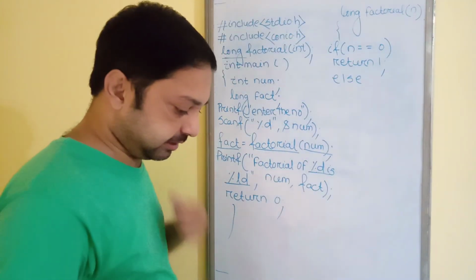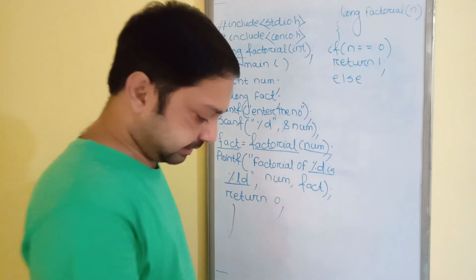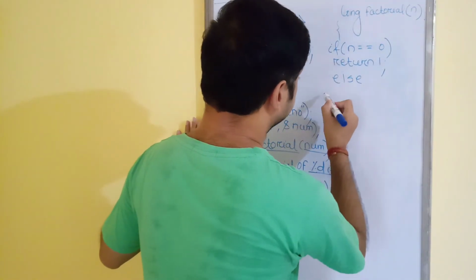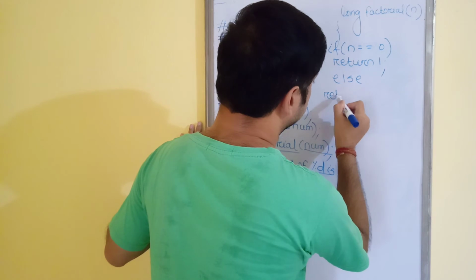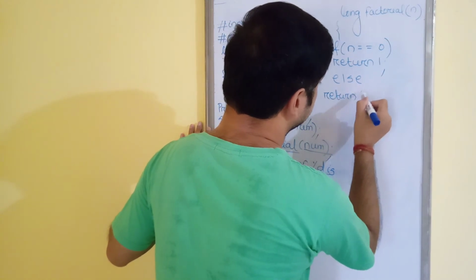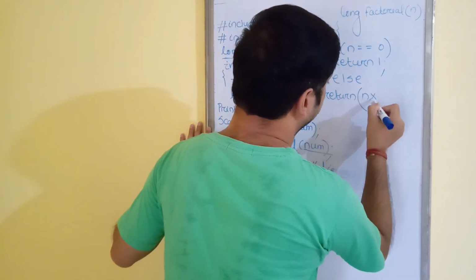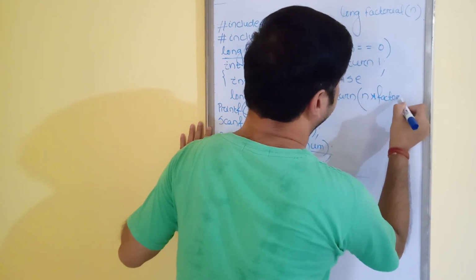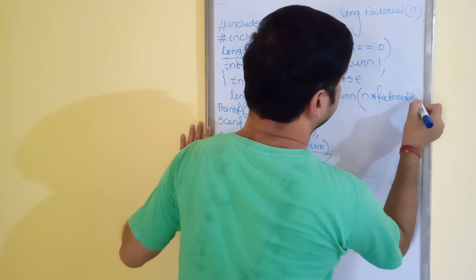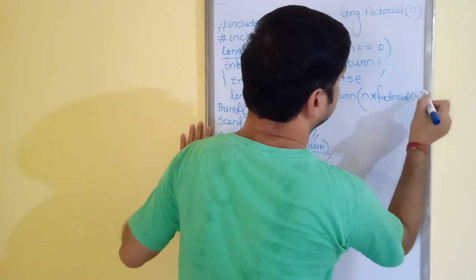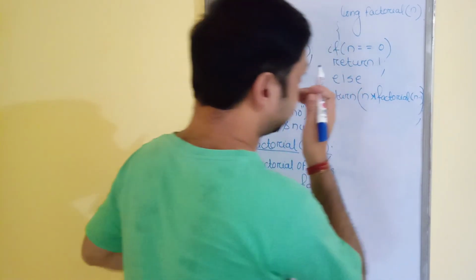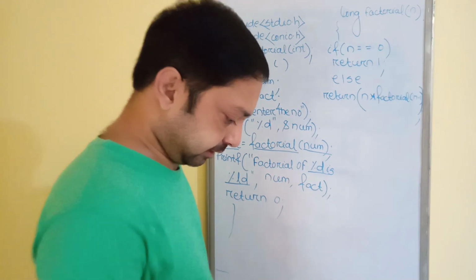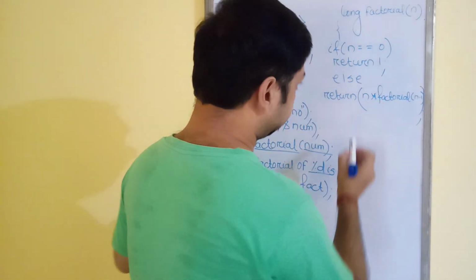If the number is 0, then it will return 1. Else, what does it return? It returns n into factorial of n minus 1, that is factorial of n minus 1. So this is nothing but your terminating condition.